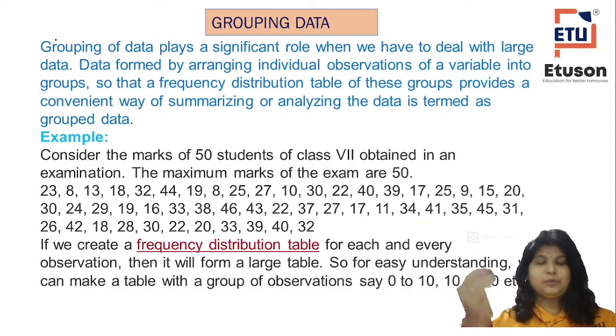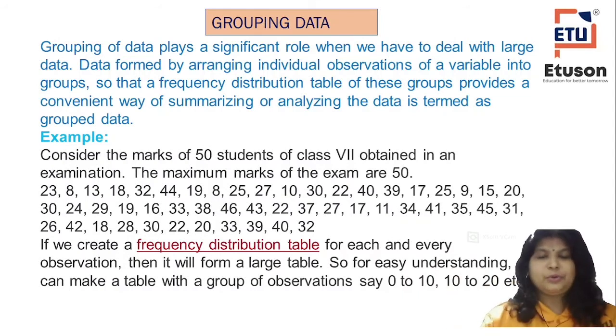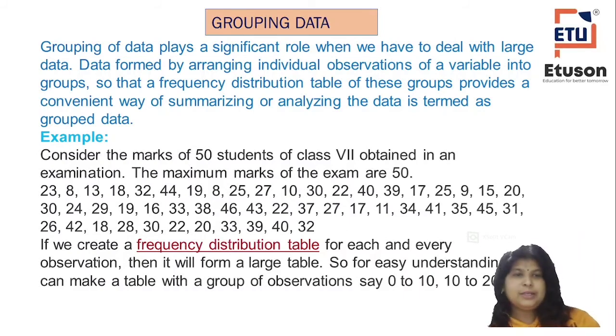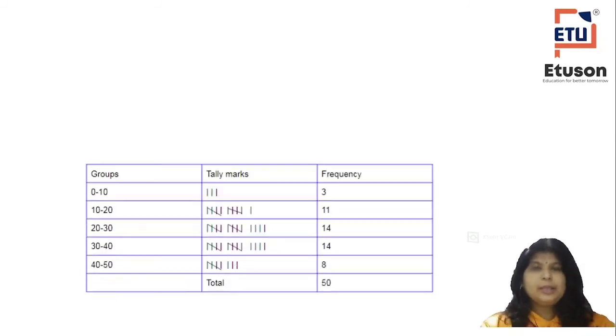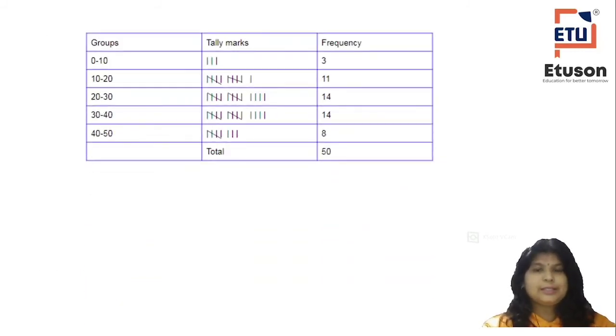As you remember, in the category 0 to 10, it was 3. Let us check how it was 3. So this is 1, this is 2, and this is 3. Correct or not? So what was there in the first category? It was 3, right? That is how it was 3.